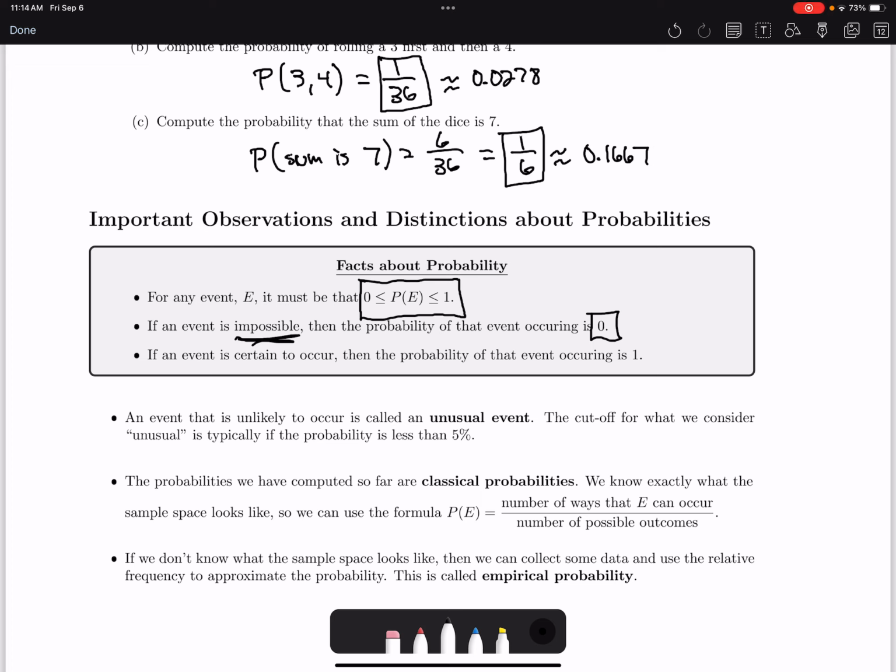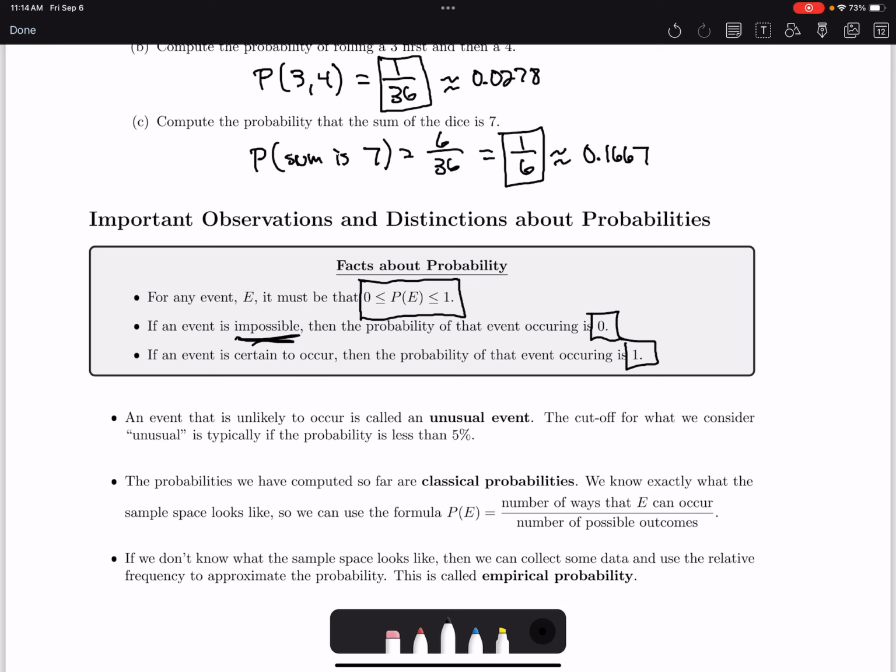On the other hand, if you know for a fact that the event will occur, then if you're counting up the number of ways that it can happen, it would have to be equal to the total number of possibilities because you're guaranteed that it happens, right? And so if you had something like, well, there are 27 ways that this can happen out of 27 possibilities, anything divided by itself is 1. And so that's the largest that a probability can ever be, is 1.